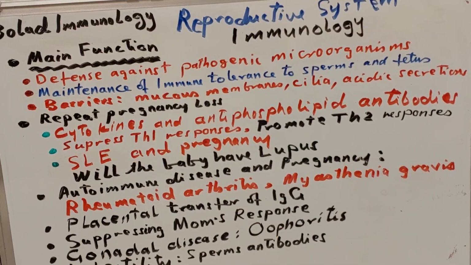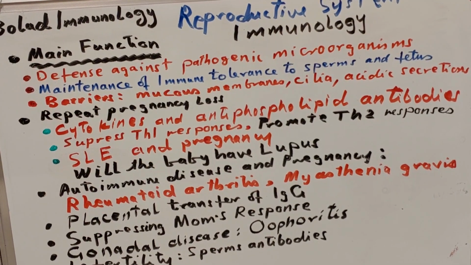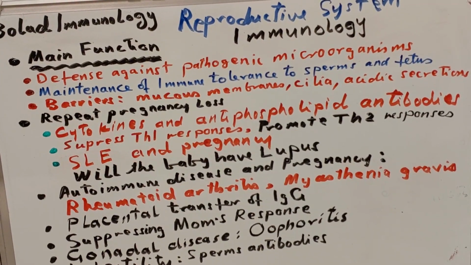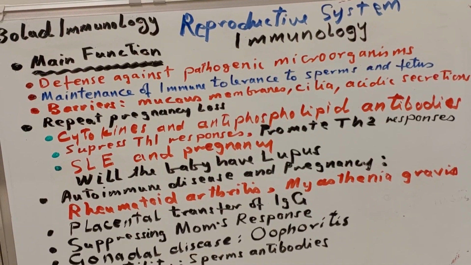And as you know, acidic secretions protect the male and female reproductive system from microbes.